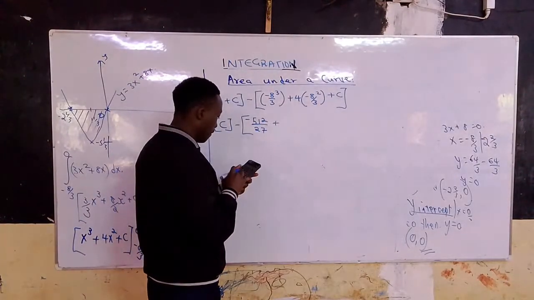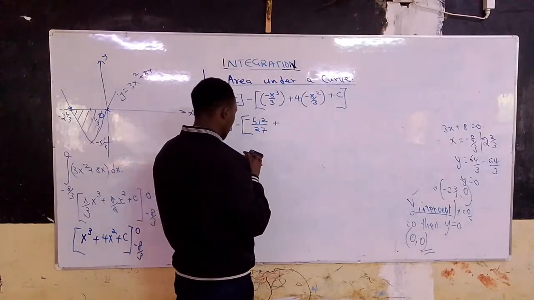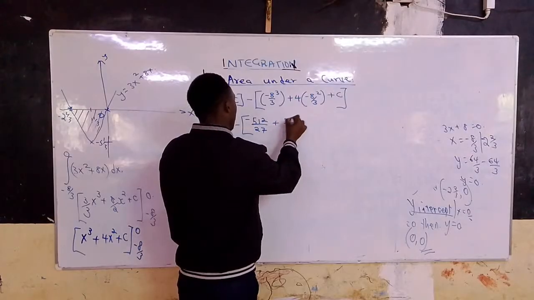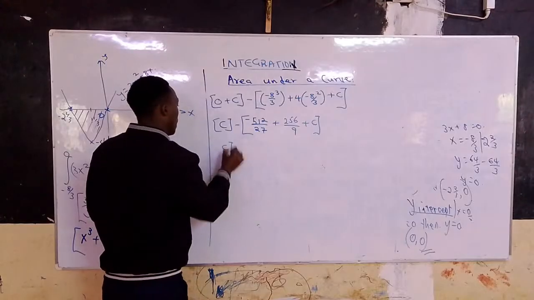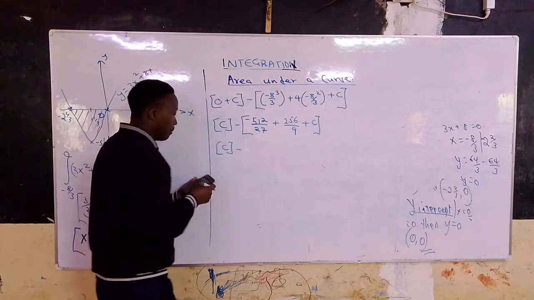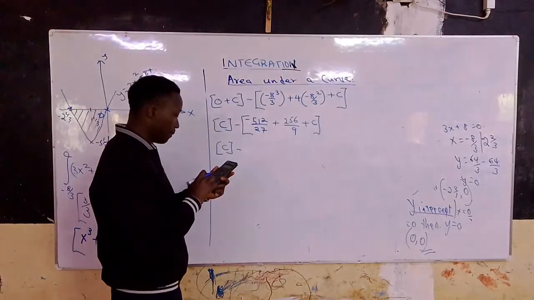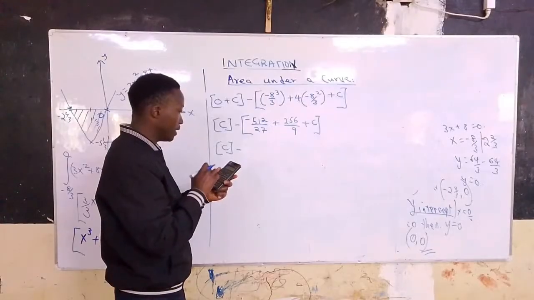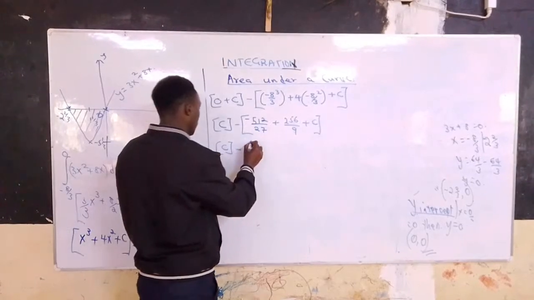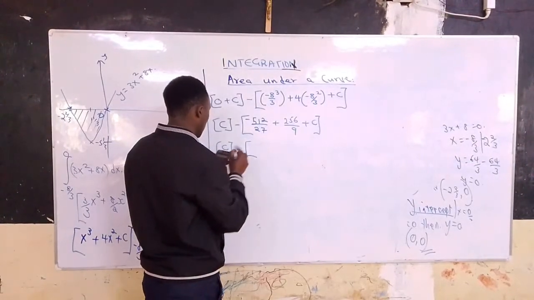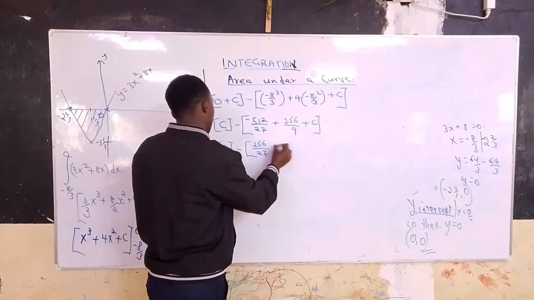So 64 over 9 multiplied by 4, we will have 256 over 9 plus c. And our final solution will be negative 512 over 27 plus 256 over 9. That will give us 256 over 27 plus c.